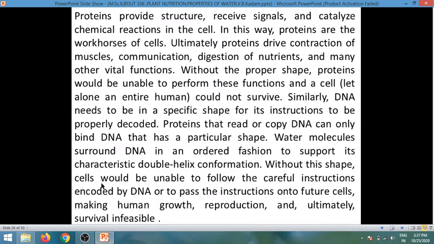Without this shape, a cell would be unable to follow the careful instructions encoded by DNA or to pass the instructions on to future cells, making growth, reproduction, and ultimately survival infeasible.